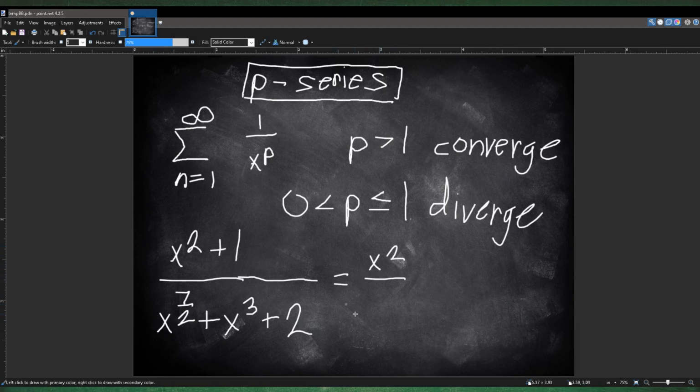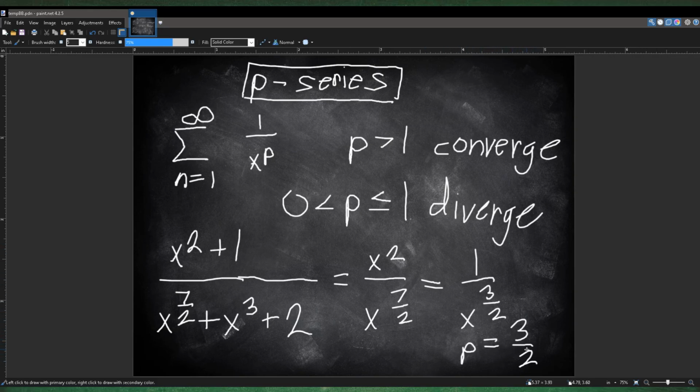What's the highest term on the bottom? That's x to the power 7 over 2, because x cubed is just 6 over 2, so 7 over 2 is bigger. So if you simplify this, it would just be 1 over x to the power of 3 over 2. So this tells us that p is equal to 3 over 2.